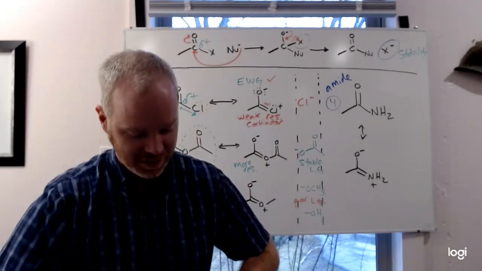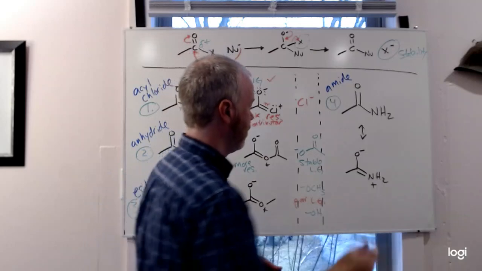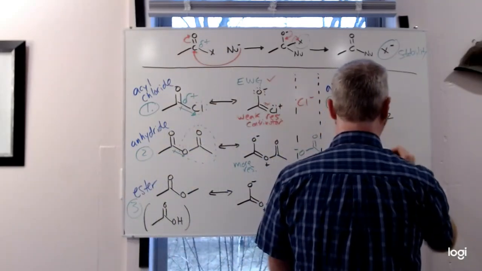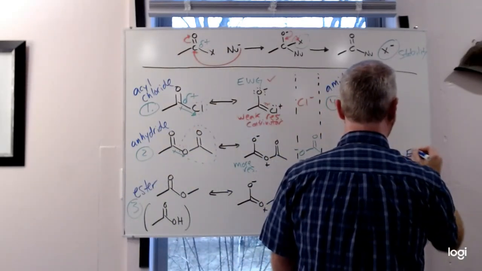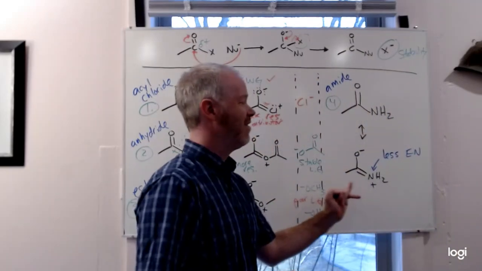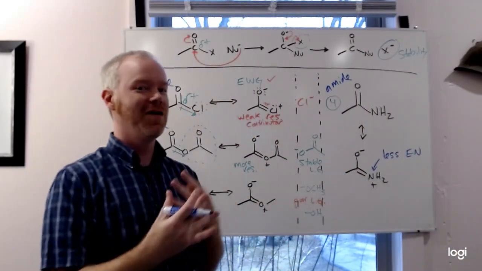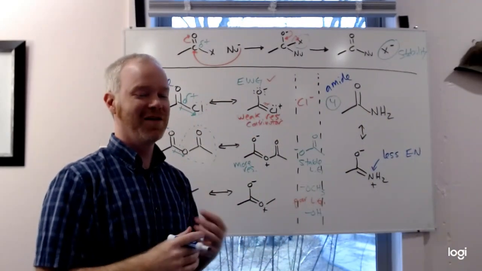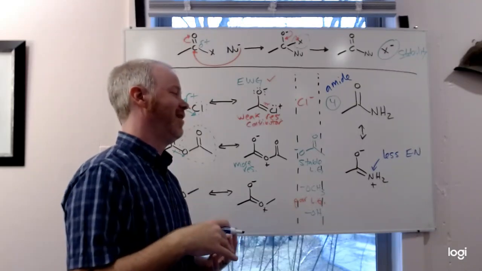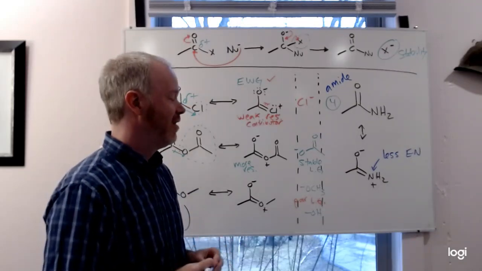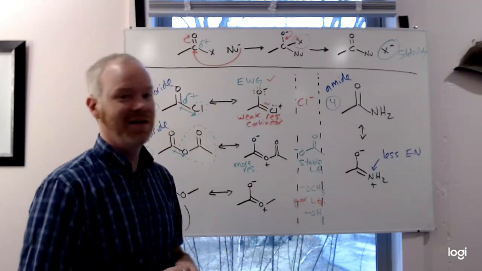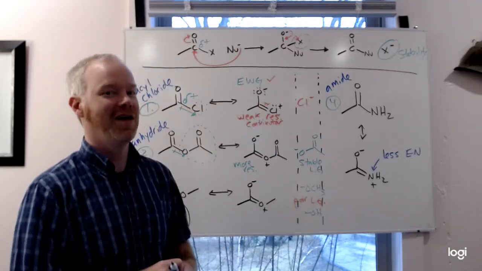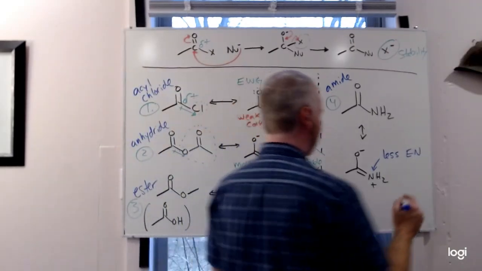Nitrogen is lower, right? All right, so if nitrogen is less electronegative than oxygen, then it's better at holding on to a positive charge, right? So the positive charge, the less electronegative atoms tend to do better as cations, as positive charge.